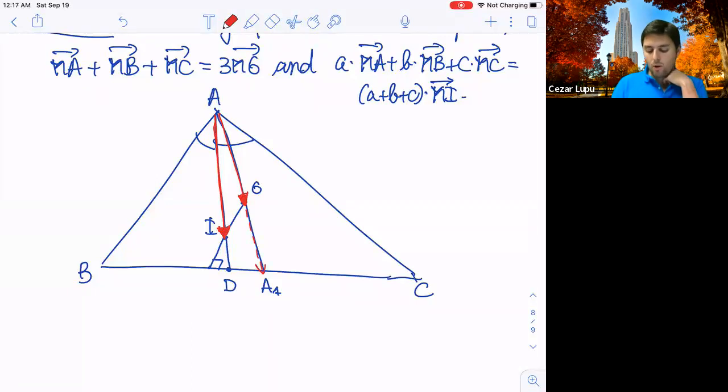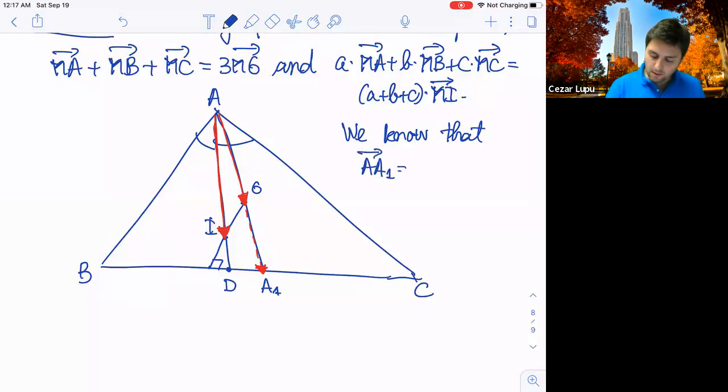You know that AA1 vector is 1/2, so we know that A1 vector is 1/2 times AB vector plus AC vector.